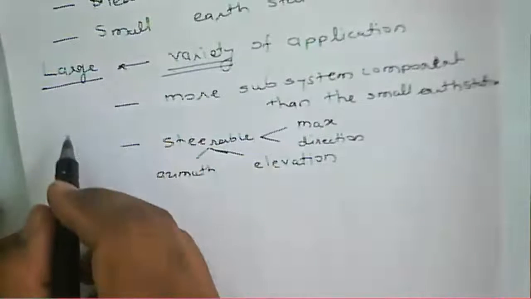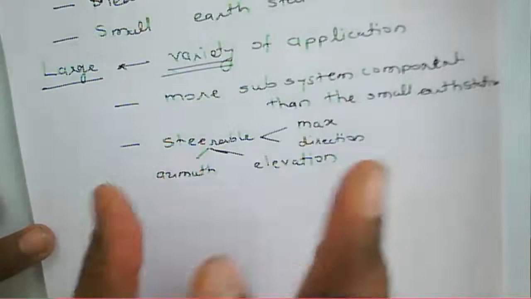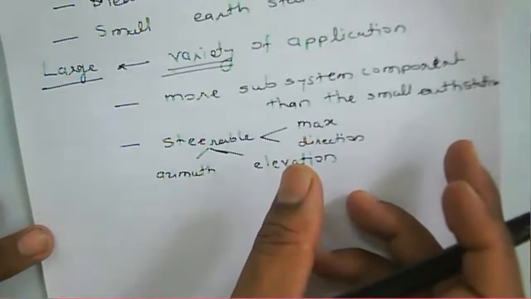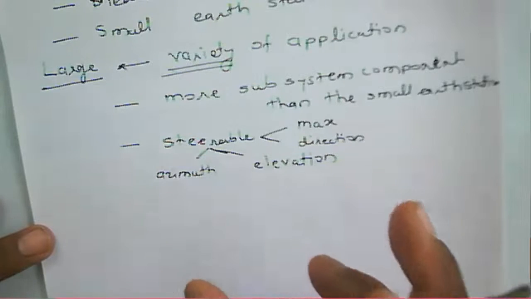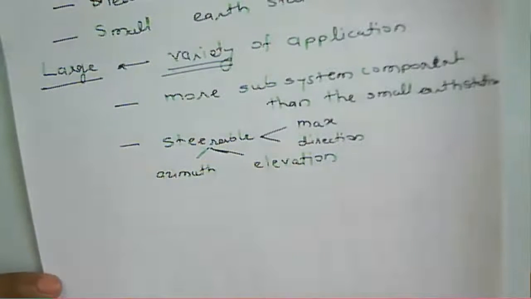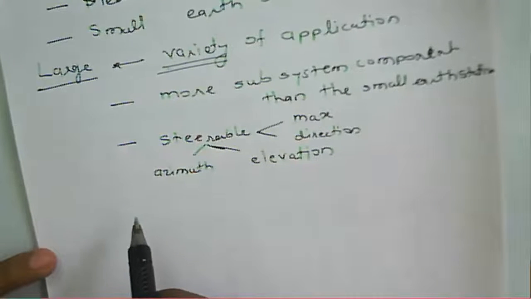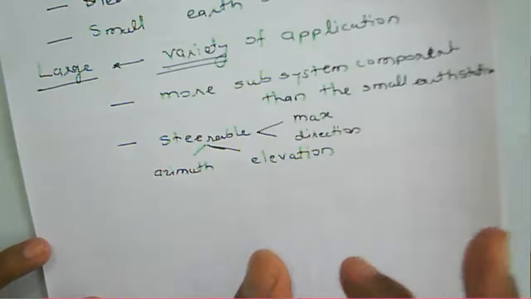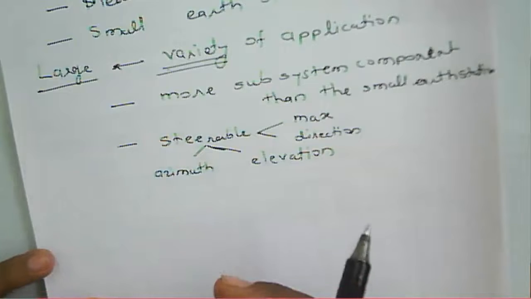So that's why large earth stations are designed in such a way that they carry a high number of channels, or high volume, and that will be useful for communication. Generally, a large earth station has a large number of channels, such as TV channels or telephone channels.